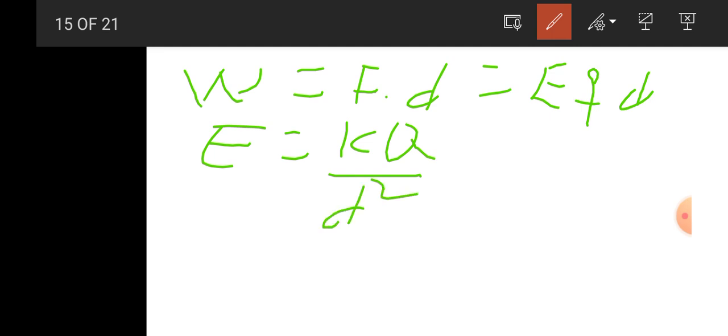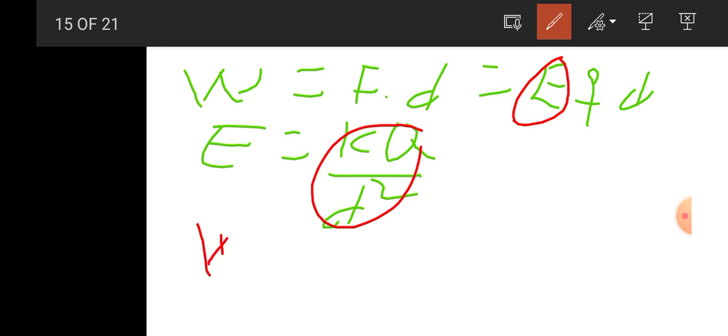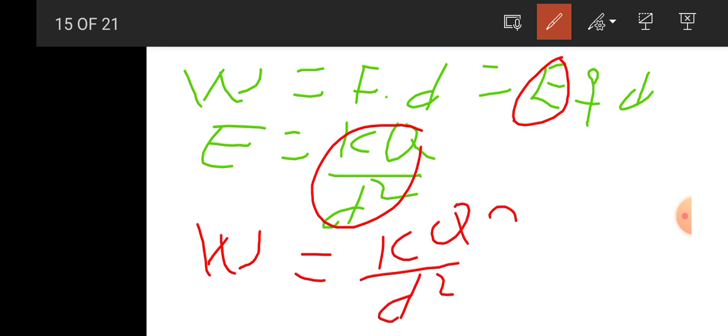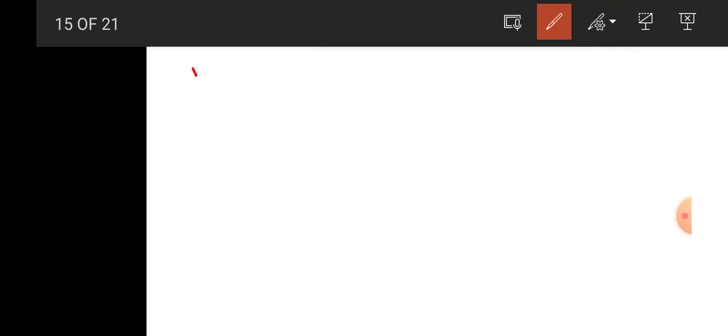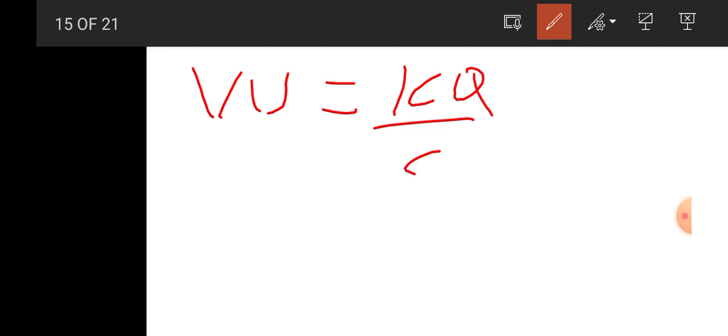So substitute this equation instead of electric field strength because they are equal. Therefore, work done is equal to KQ over D square times charge times D. D is cancelled by one D here. Therefore, work done is equal to K times Q over D times charge.